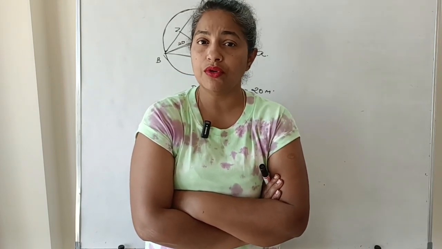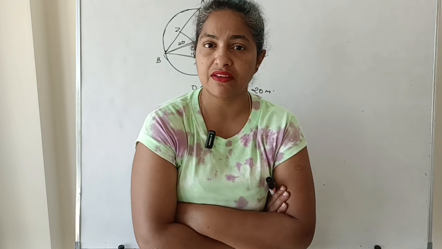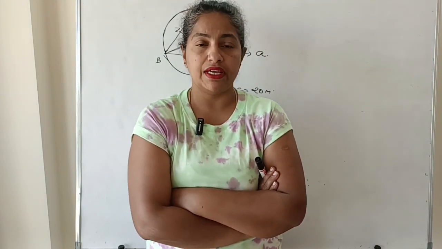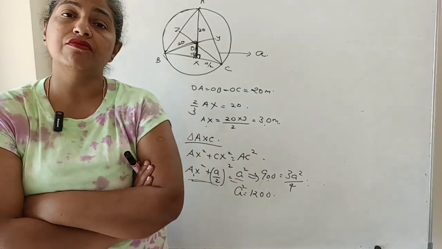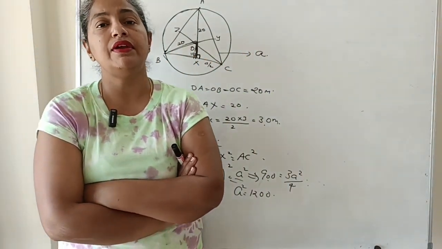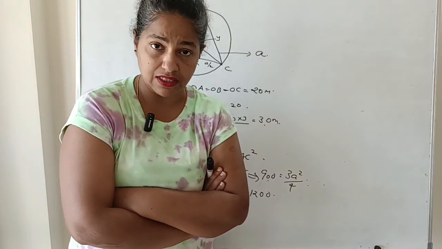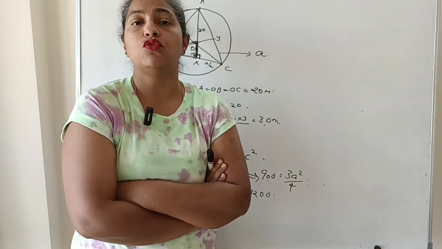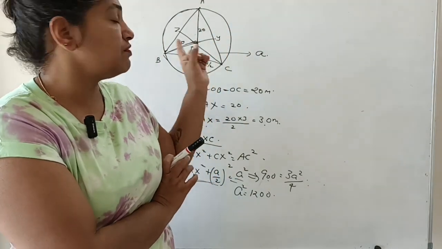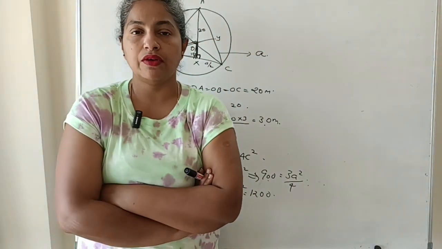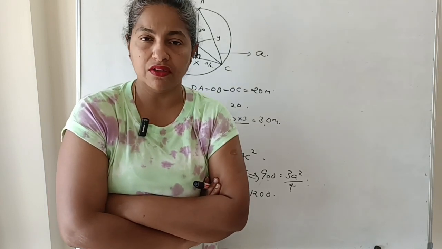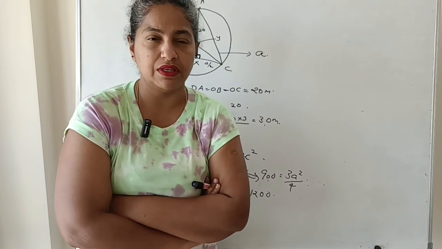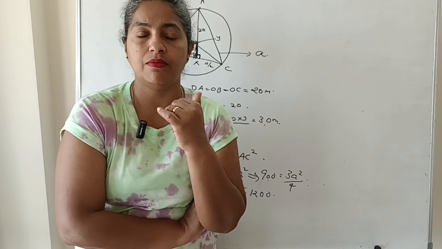I told you how to position the isosceles triangle with respect to the sides and the radius of the circle, and the equilateral triangle wherein the centroid will coincide with the circumcenter, and the circumcenter is at a distance of 2/3 of the median length. Okay, so I'm hoping that you guys will be able to apply all these concepts into whichever sum you are getting based on the same concepts.